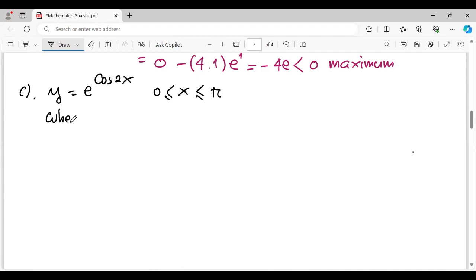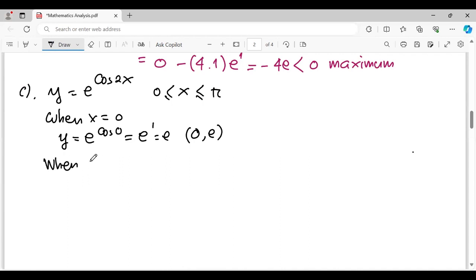So when x equals 0, this function becomes y equals e power cosine 0, or e power 1, e. So the coordinate point is 0, e.